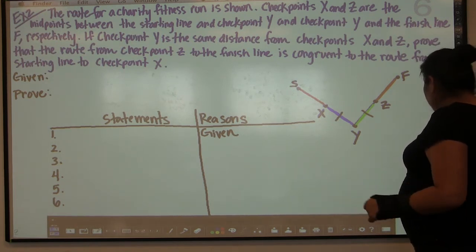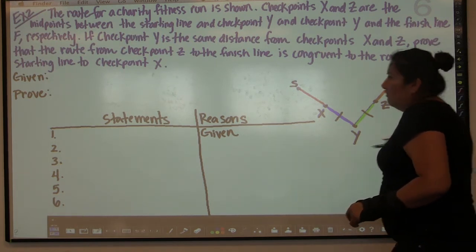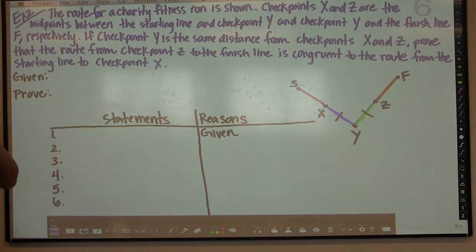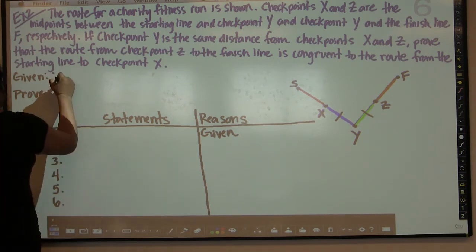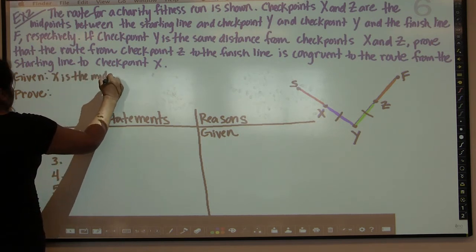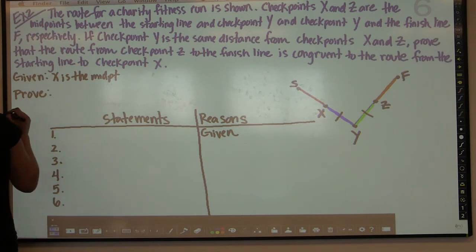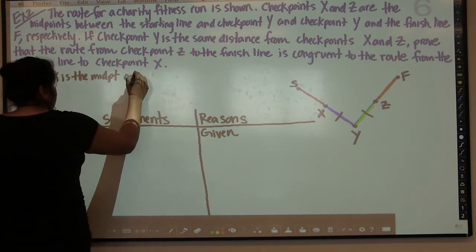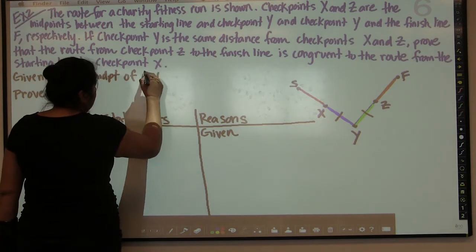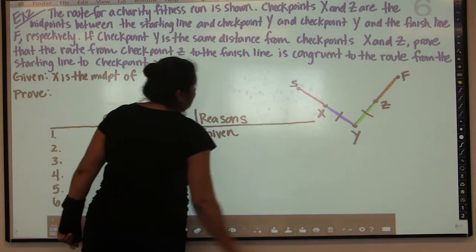So the first thing we have to do is come over here to the given, and ask what we know. Again, it's very wordy, but what they did say was that X and Z were midpoints. So we're going to write that X is the midpoint of SY, so here's S to Y. X is the midpoint.